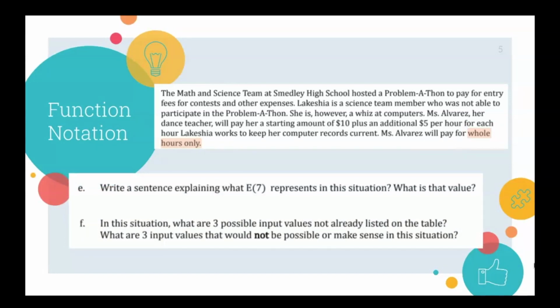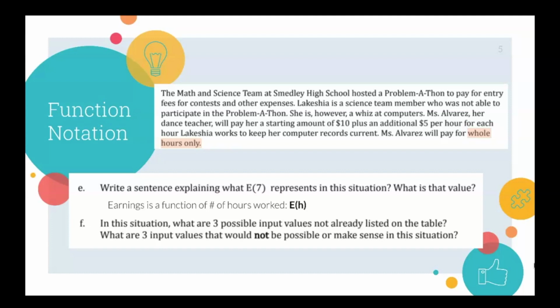Two questions to draw your attention to are part E and F. In part E, they're to write a sentence explaining what E of 7 represents in this situation and tell what the value is. So here we can see that earnings is a function of the number of hours worked.